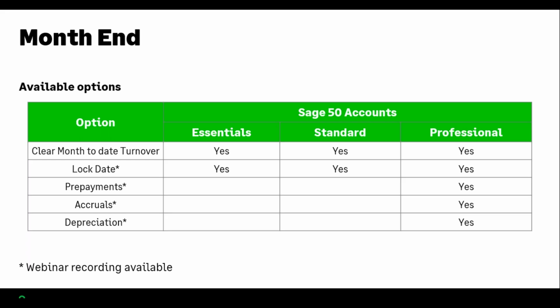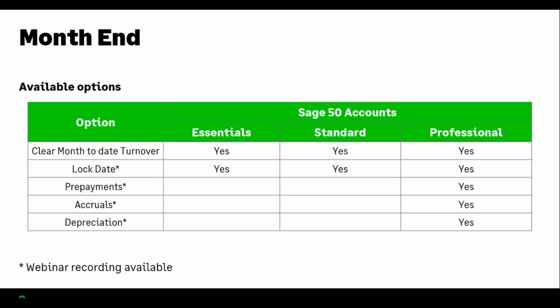Now, the reason some of the titles on the left have asterisks is because today I'm not going to be going into great detail on those things. The reason for that is they each have their own standalone webinars because they can get quite complex as to how you use them. So if there are any questions on them, I'll try my best to answer them without going into too much detail.